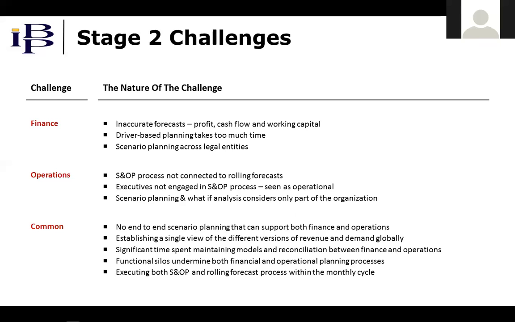From an operational perspective, these are some of the classic things that organizations try to establish more integrated processes, and they really have some difficulty with it. And then some of the common things that people experience is that no end-to-end scenario planning, establishing a single view of the different versions of revenue demand plan globally. This could be a really big problem.